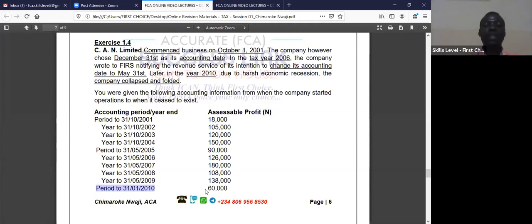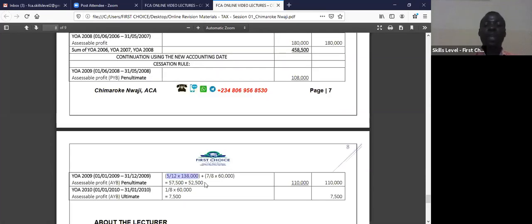So we are taking 7 over 8 of 60,000. So that's what we're going to do. 7 over 8 of 60,000 gives me 52,500. When you add these two together, you have 110. So you choose between 110 and 108. Which one is higher?